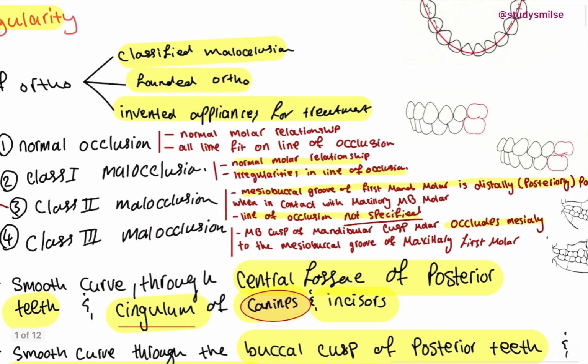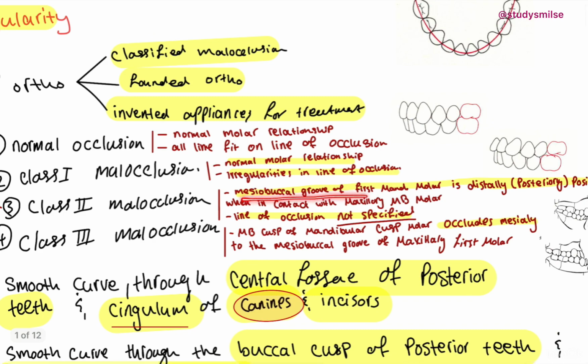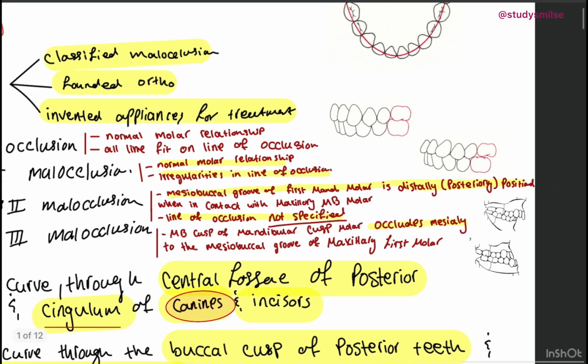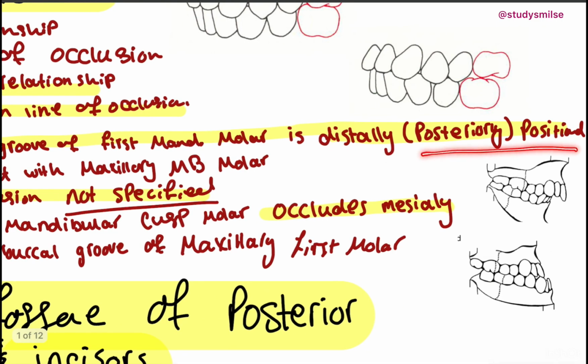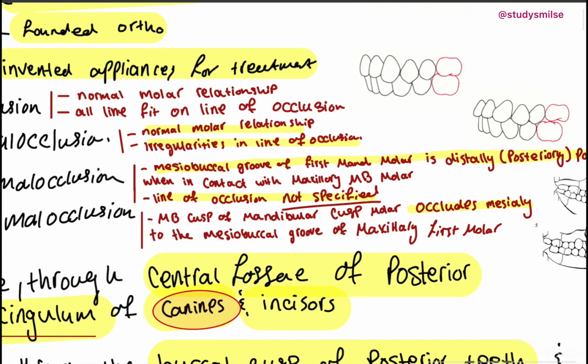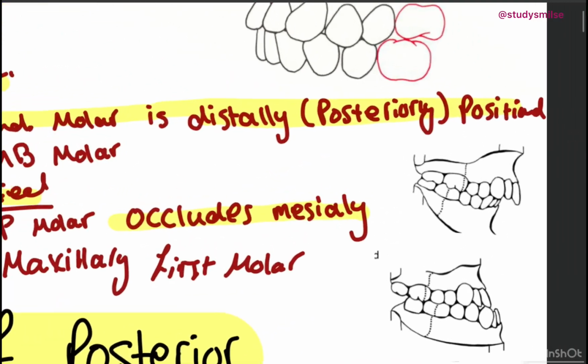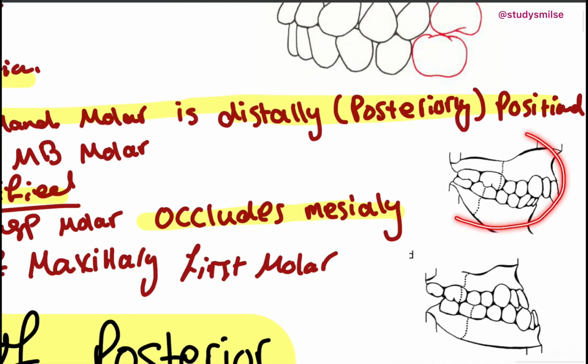Class 2 malocclusion is when the mesiobuccal groove of the first mandibular molar is distally or posteriorly positioned, in contact with the maxillary mesiobuccal molar, and the line of occlusion is not specified. As you can see here in this photo, you can see the ideal one, the normal occlusion for the class 1 occlusion.